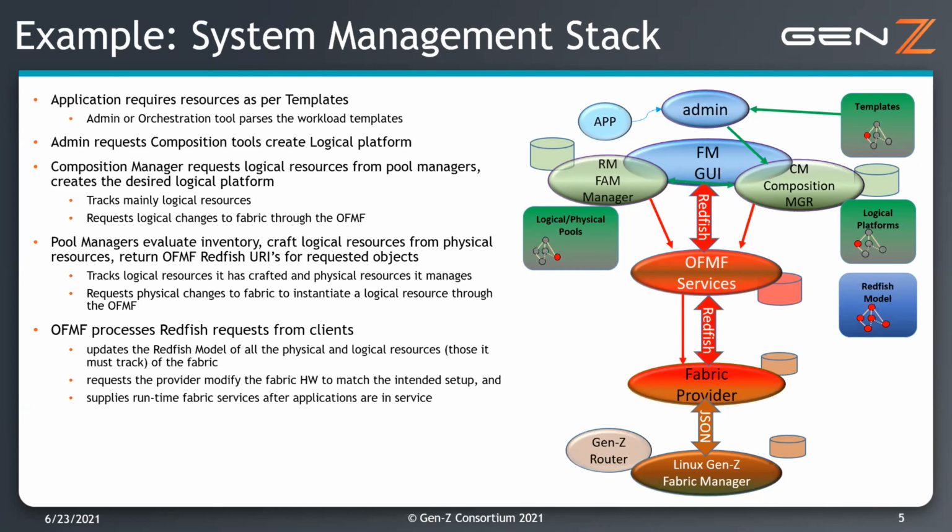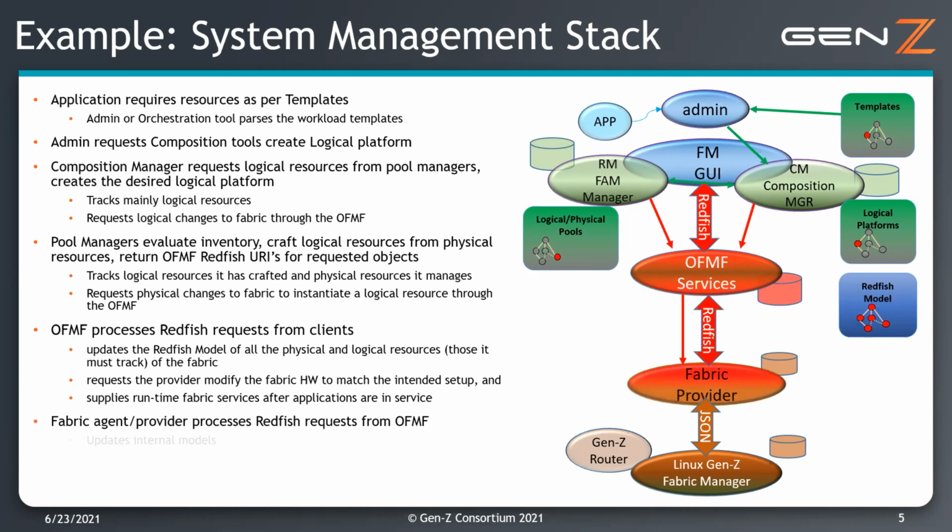It matches a Redfish model of the fabric with the requests from the clients to manipulate the fabric resources. And then it requests that the provider modify the fabric hardware to match the intended setup and supply some runtime fabric services after the applications are up and running.